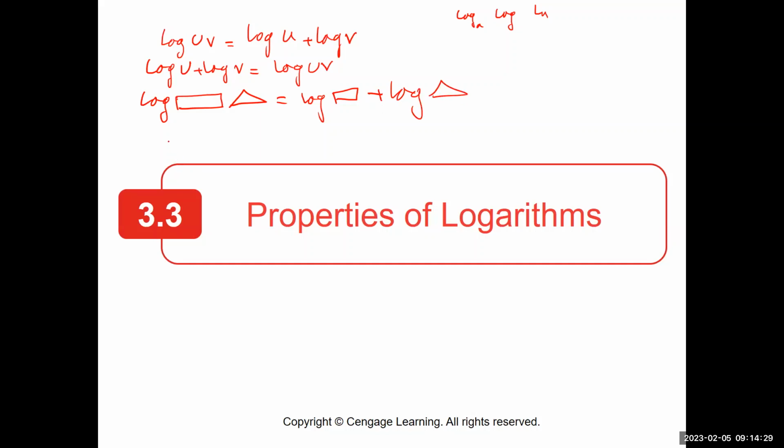Quick example: log of x squared plus 1, multiplied by x, let's say, so I'll make it simpler. Then this can be written as log of x squared plus 1, plus log of x.